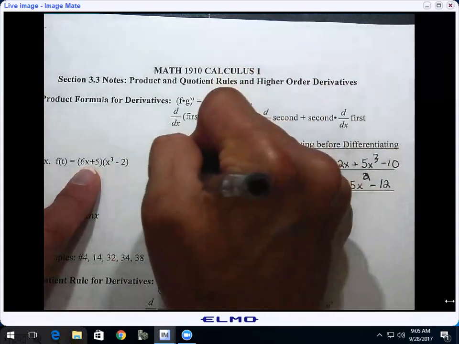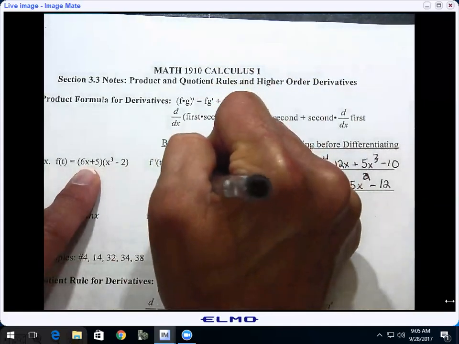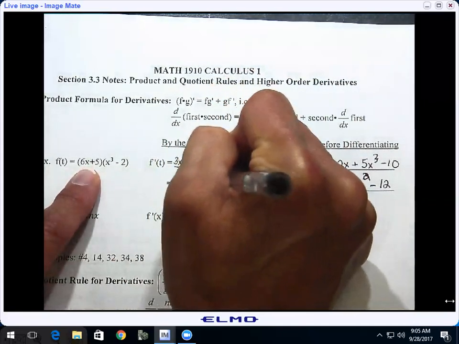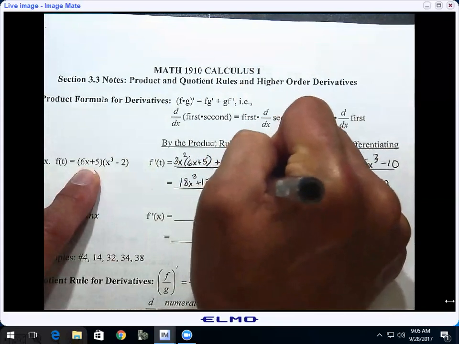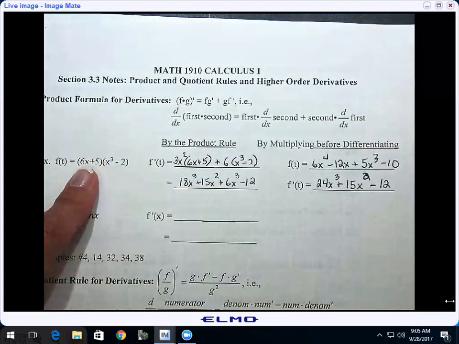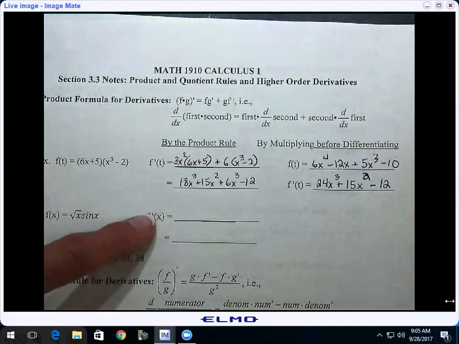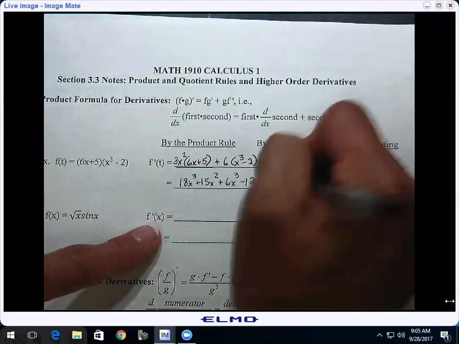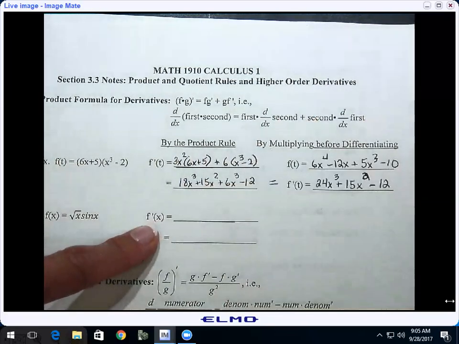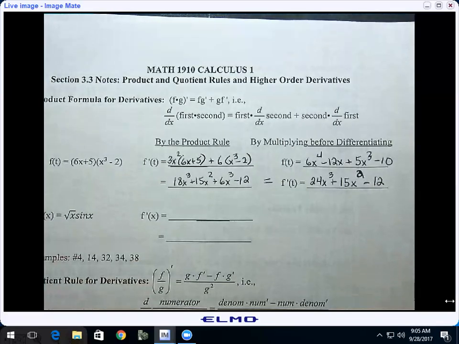Distribute. And then I have like terms that I can combine. But when I combine those terms, sure enough, I get the very same thing that I got by distributing first.